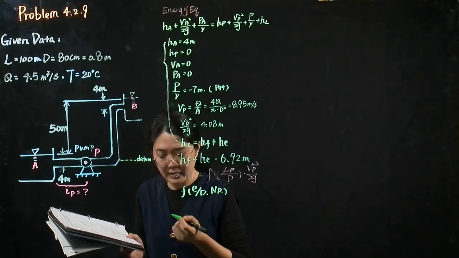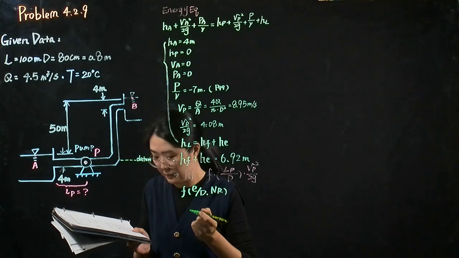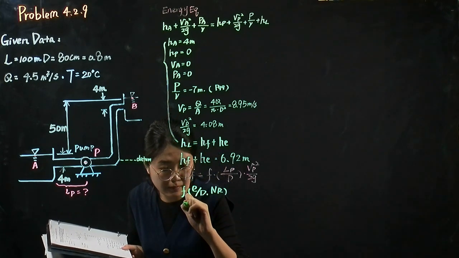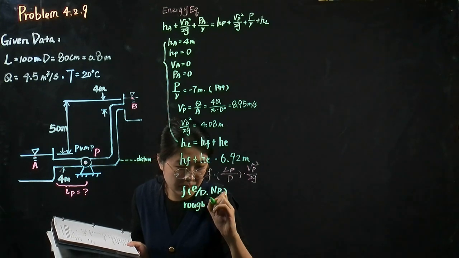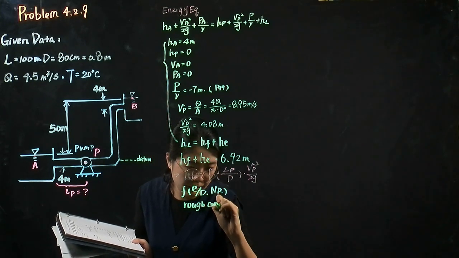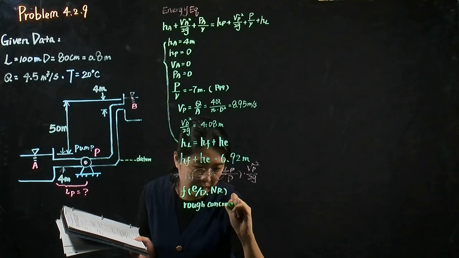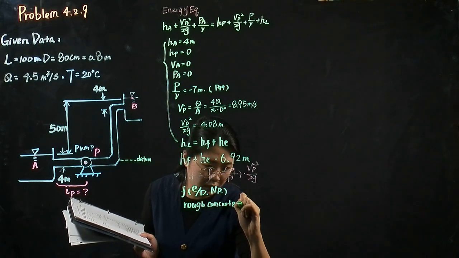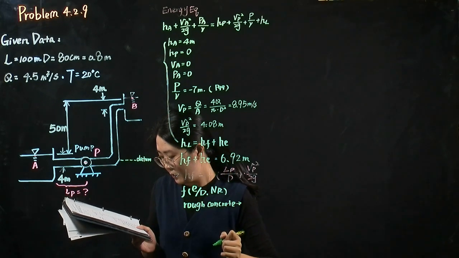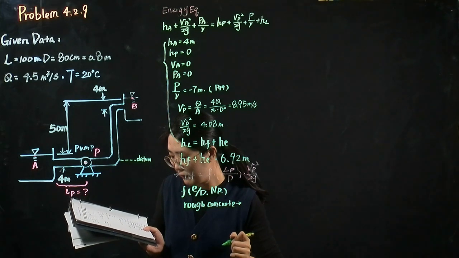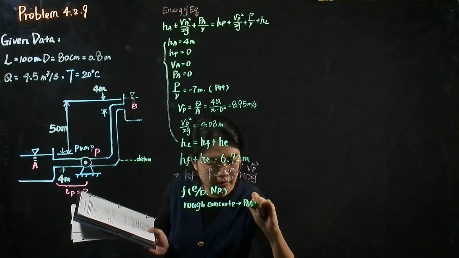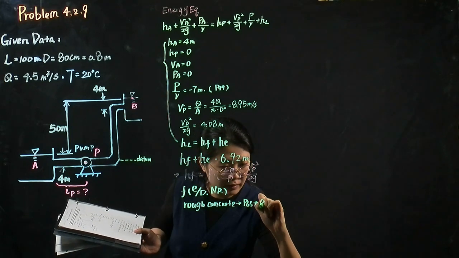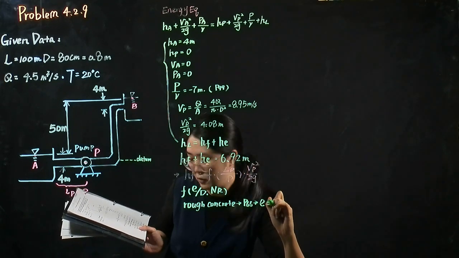Because it is a rough concrete pipe, we can search the value of the roughness on page 66. The roughness equals 0.6.